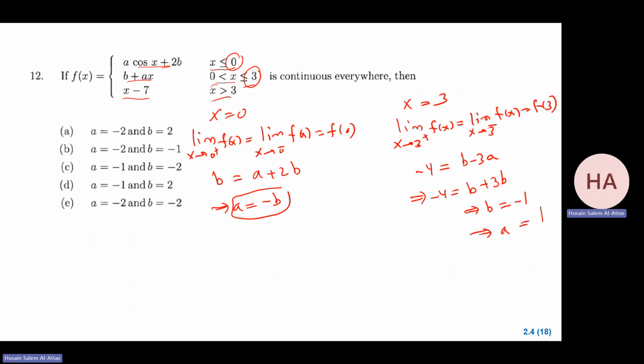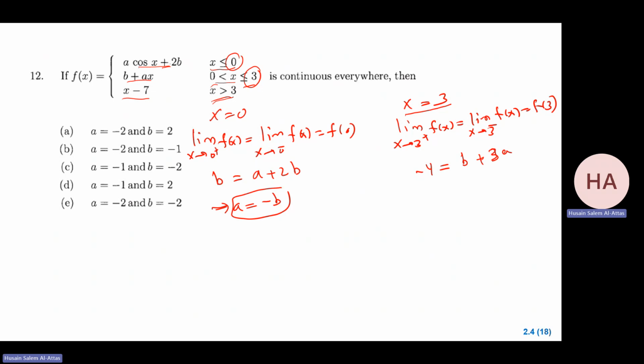Okay. Now do this at x equals 3. From the right, I am here. 3 minus 7, this is minus 4. Now, at x equals 3, sorry, calculation mistake. Okay. At x equals 3, that is b plus 3a.